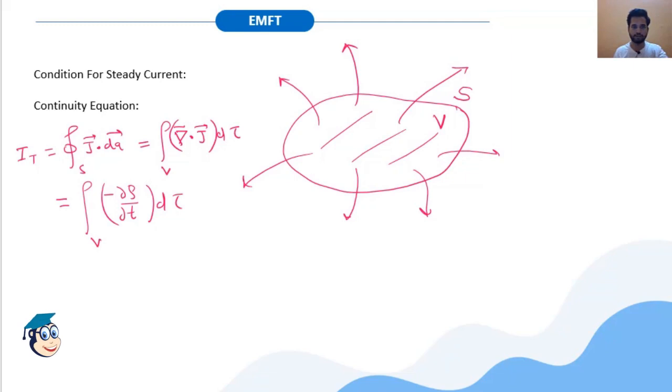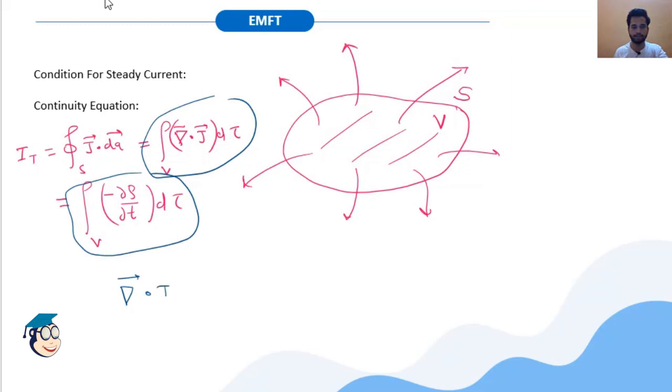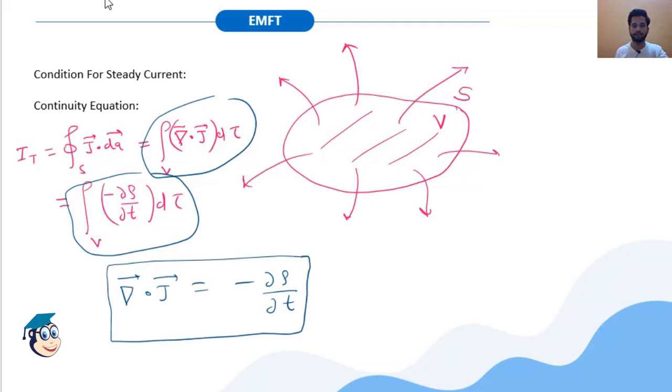Now you can compare both terms and write del dot J is equal to minus del rho over del t. This equation in front of you is the continuity equation in magnetostatics.